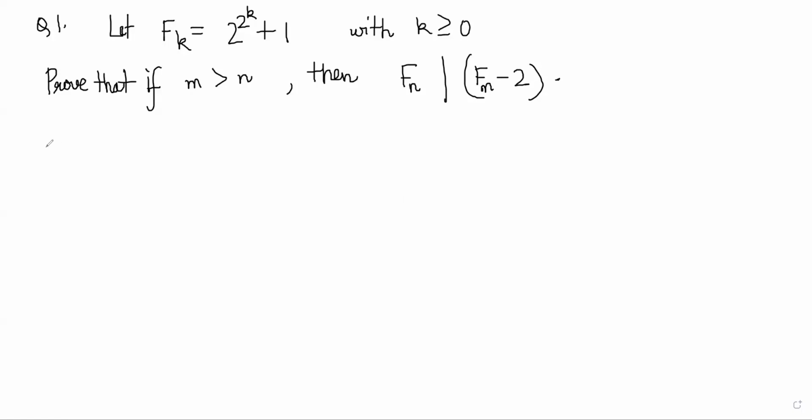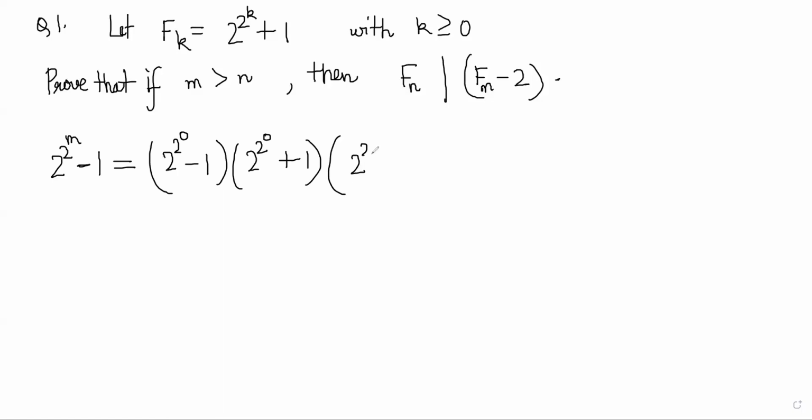The shortest solution is basically to think about 2 power m minus 1, and we can always factorize it in this way. So we can say that this is equal to (2 power 0 minus 1) multiplied by (2 power 0 plus 1) multiplied by (2 power 1 plus 1), and so on till (2 power m minus 1 plus 1).